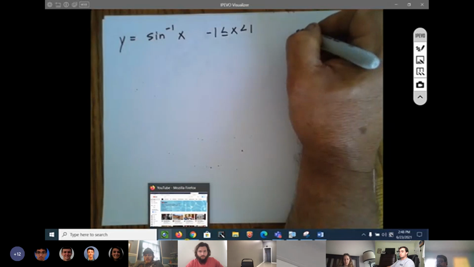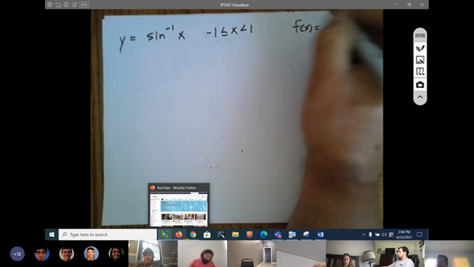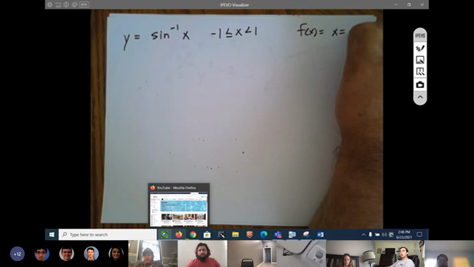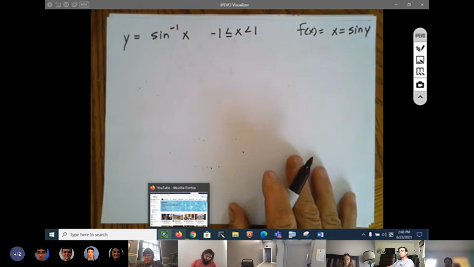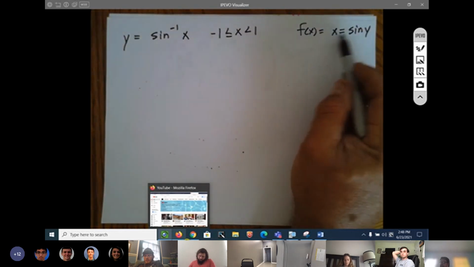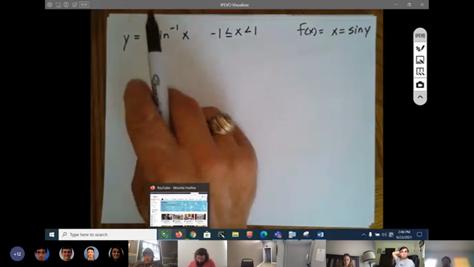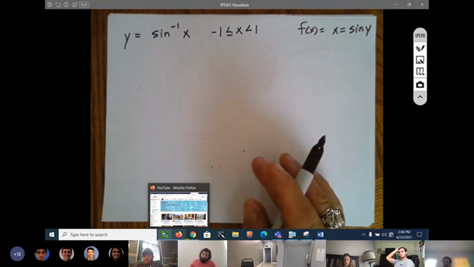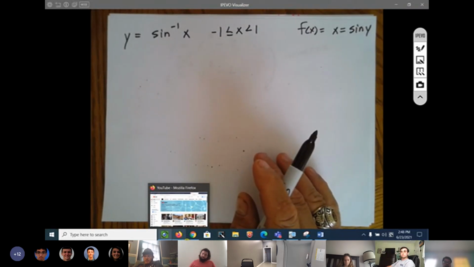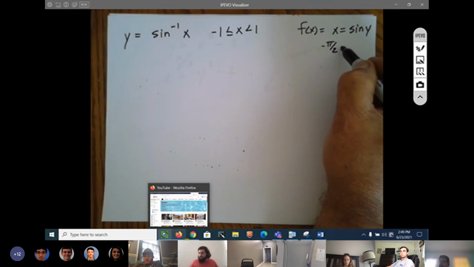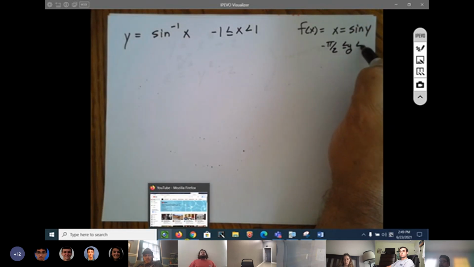So, all right. If I want to find the inverse of this function right here, I just switch the x and the y. So the regular function of this guy is x is equal to the sine of y. Okay, and I'm showing you how to get the actual inverse. And sine of y is between -pi/2 and pi/2.